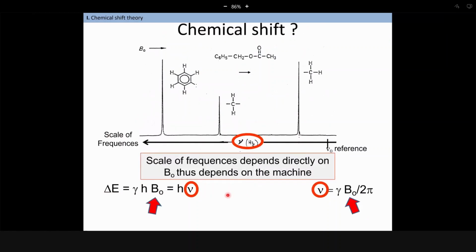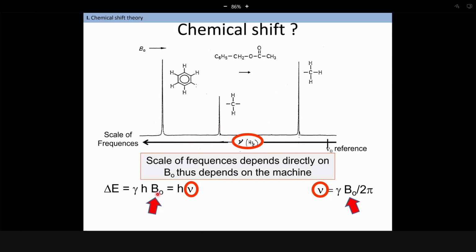So when we express the results in frequency, you will have to specify each time what is the power of the machine you use to get the spectrum. So you will have to say, well, this proton has this frequency of resonance on the machine with a B0 of, let's say, 100 megahertz.